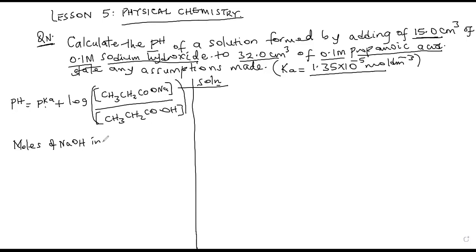Moles of sodium hydroxide in 15 cubic centimeters will equal 15 times the concentration, which is 0.1, out of 1,000. And here the number of moles is 1.5 times 10 to the power negative 3 moles.